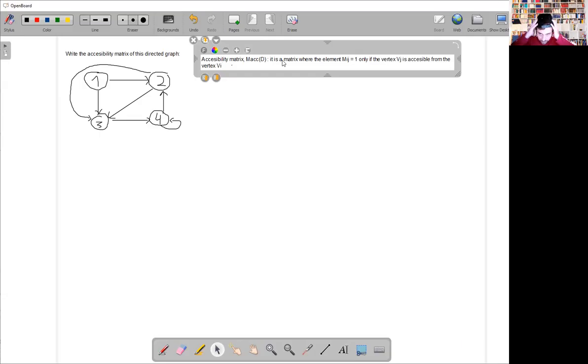Right, so this is the accessibility matrix.